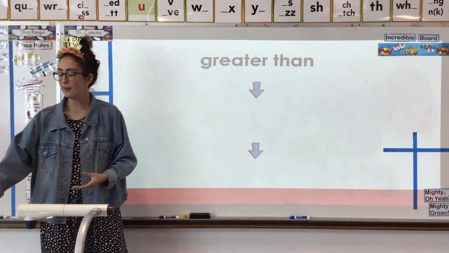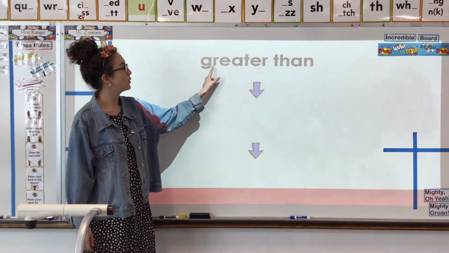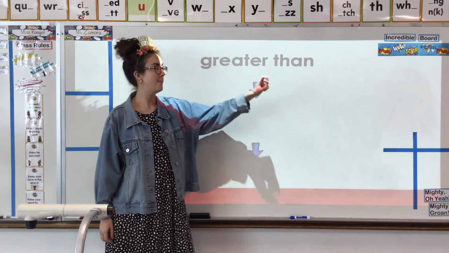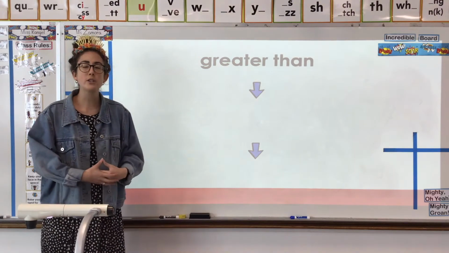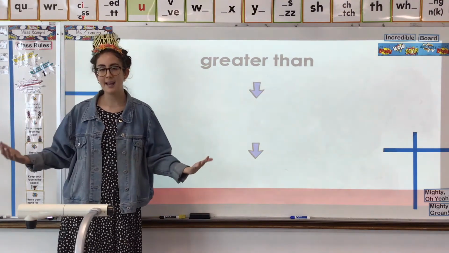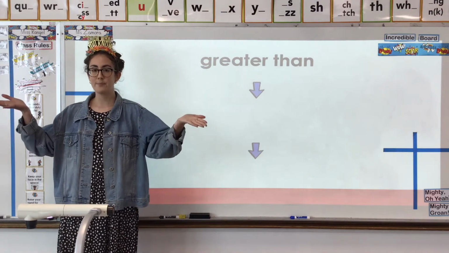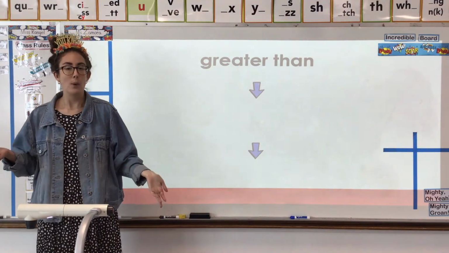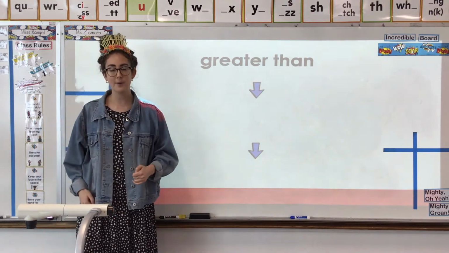but we also have greater than. Can you read this with me? Greater than. One more time, greater than. So if we're talking about greater than, that's another way to describe the relationship between two numbers. If we compare them, we can say one number is greater than the other.